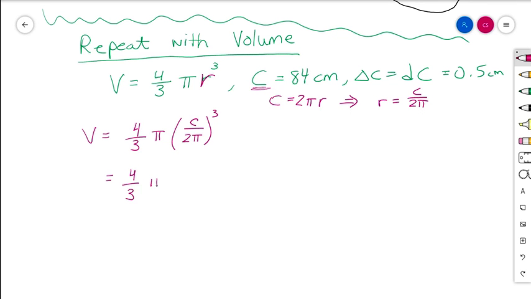Okay, and we clean it up. So c cubed over 8 pi cubed. All right, lots of things cancel. Okay, so it's going to simplify to c cubed left on top.